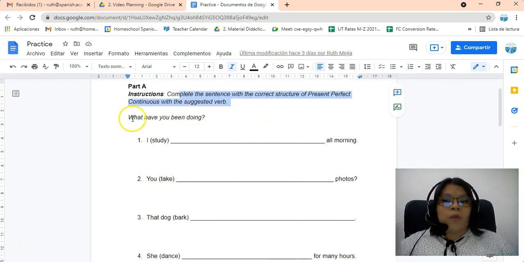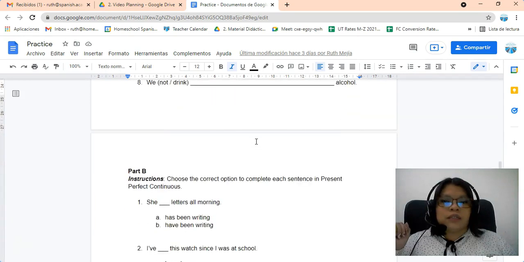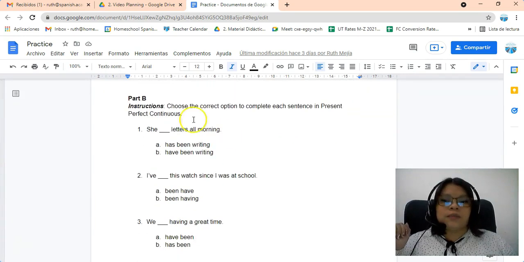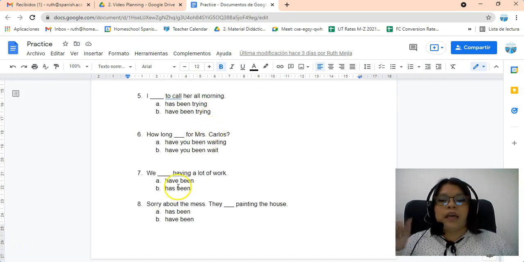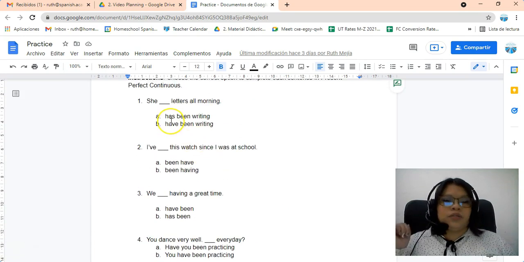What have you been doing? So you have a lot of sentences. Then for part B, you need to choose the correct option to complete each sentence in the present perfect continuous. You also have, in this case, 8 sentences to complete. Pretty easy. You just need to choose between 2 answers.